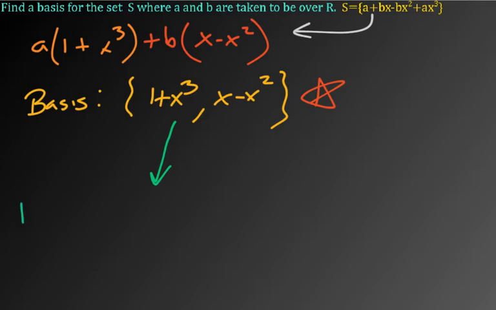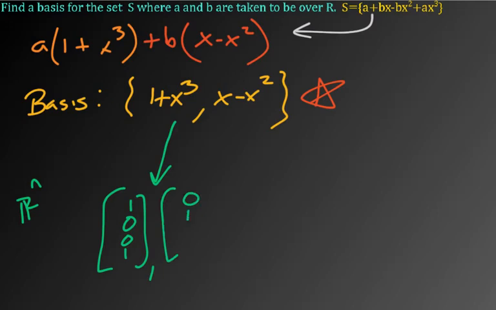But what we're going to see is that we can connect back to Rn and think of this as the basis (1, 0, 0, 1) and then (0, 1, -1, 0). So the 1 is this one, 0, no x in there, 0, no x squared, 1, x cubed, same thing here.